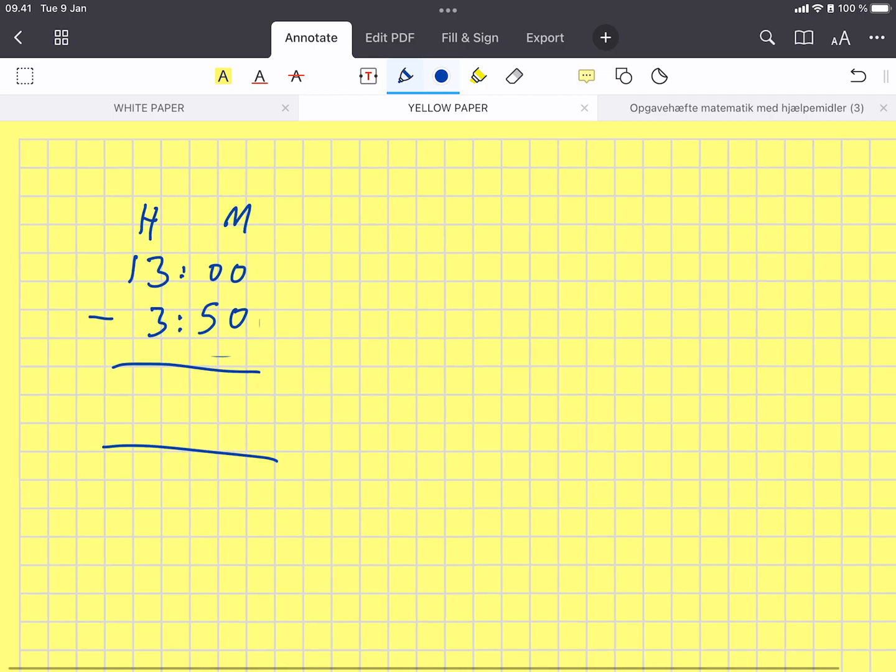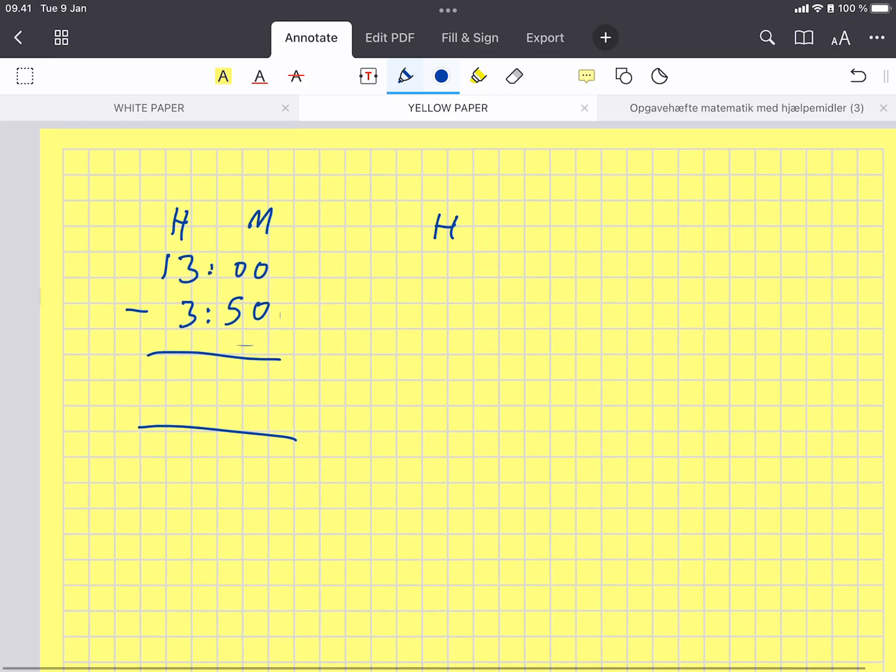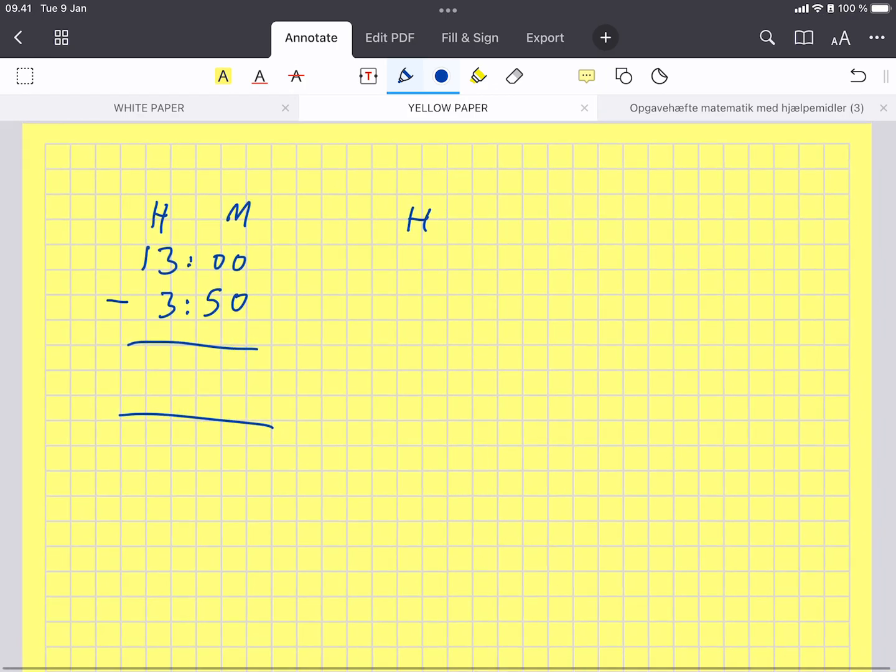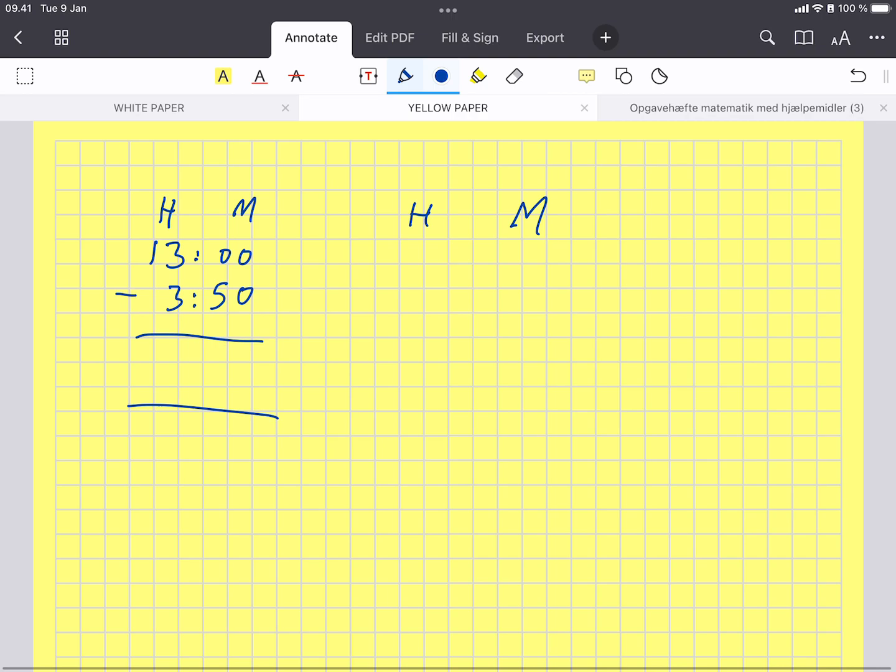Good way to do this is to convert the problem by saying that 13 hours and 0 minutes is the same as 12 hours and 60 minutes. So turn one of the hours into 60 minutes, and then you can do 12 hours and 60 minutes minus 350.